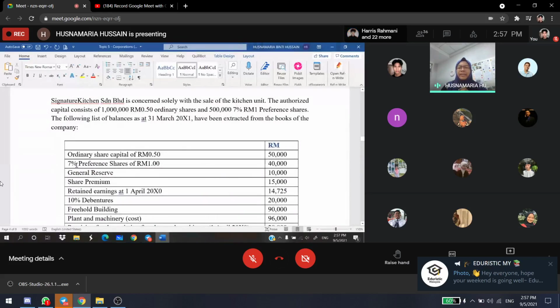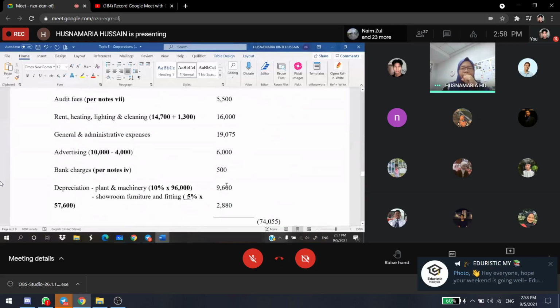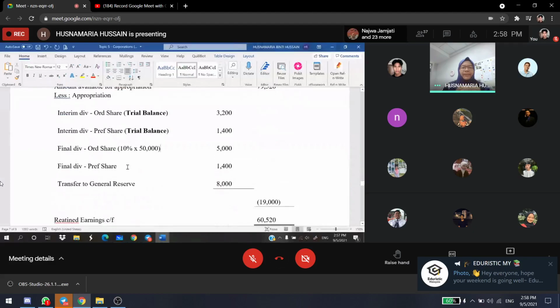So let's calculate 7% from 40,000. 7% multiply with 40,000, how much? 7 multiply with 4, how much? 2,800. 2,800 is the answer of this one, the total.